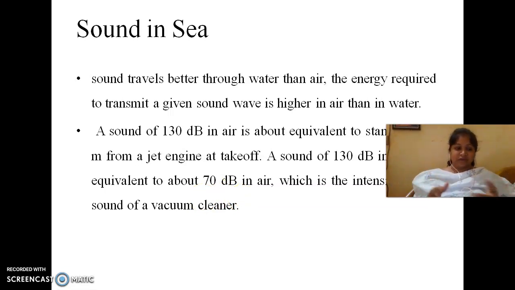For example, if a jet is moving and we are near, within 100 meters of that jet, then what happens? It will burst our ears. But if the same sound is produced within the water, the effect will be very small. If we produce double that sound, then only it can affect our ear.